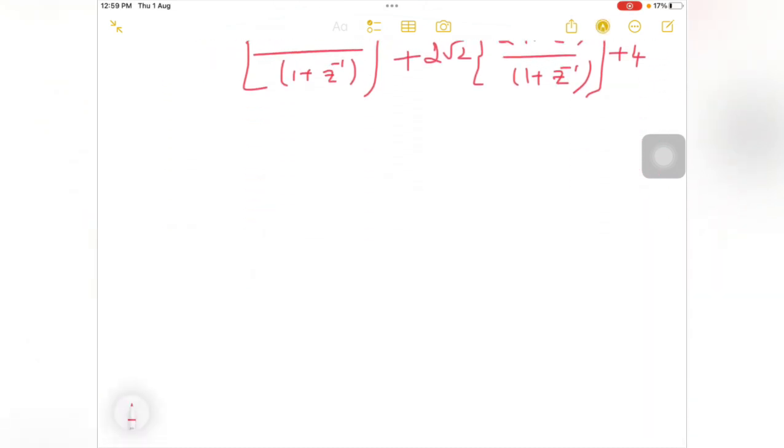Now what is the simplification? You take (1 plus z inverse) whole square as the LCM. So that goes to the numerator automatically.